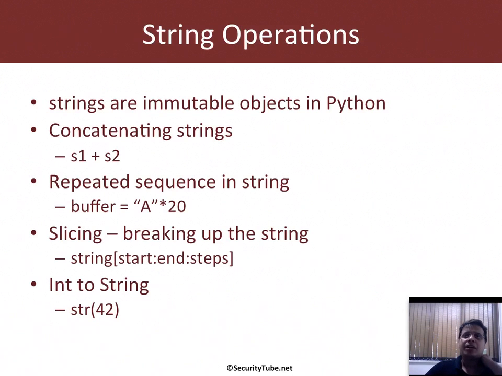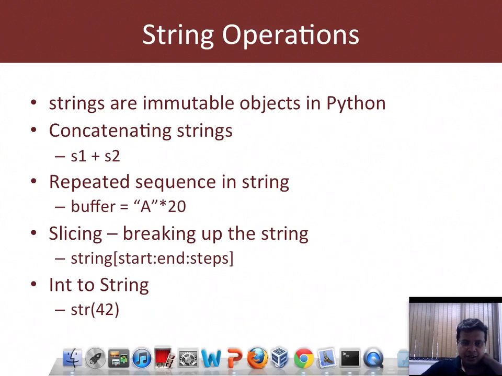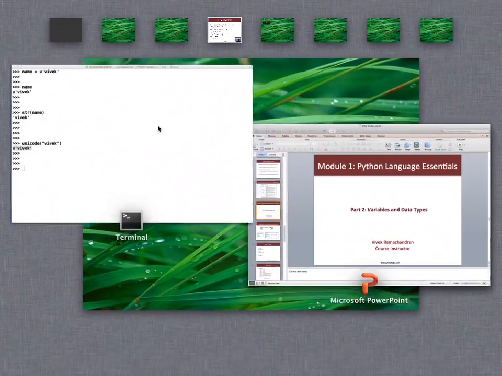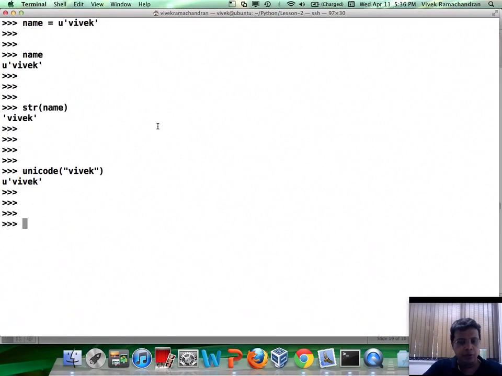Now, let's look at different string operations. The interesting thing about Python is that strings are immutable objects, which means once you create them, you cannot change them anymore. What do I really mean by that? Let's say I again define a simple variable name, and let's call this Vivek, right? Let me look at what is there in the 0th index.